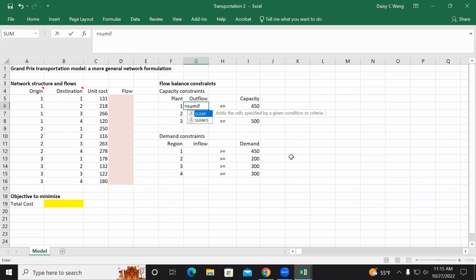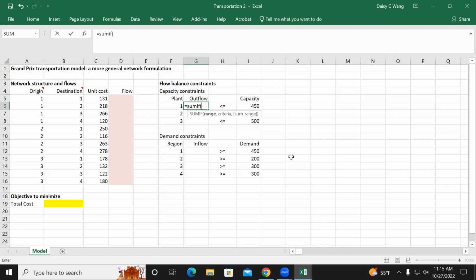If you don't look at mine, try to think what you can do. When you open the parentheses, you see range. The first information is the range they're going to go over, and then the criteria.